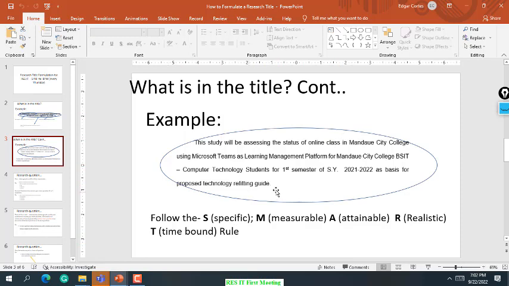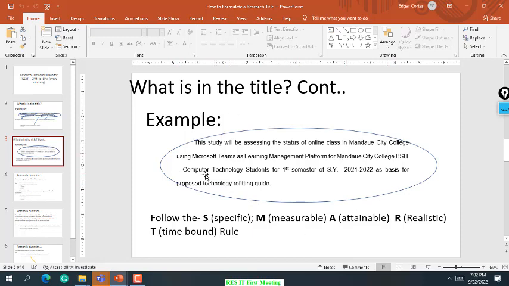If you look at this statement, the study will be assessing the status of online class in Mandawi City College using Microsoft Teams as a learning management platform for Mandawi City College BSIT computer technology students for the first semester, school year 2021-2022, as the basis for a proposed technology retrofitting guide.